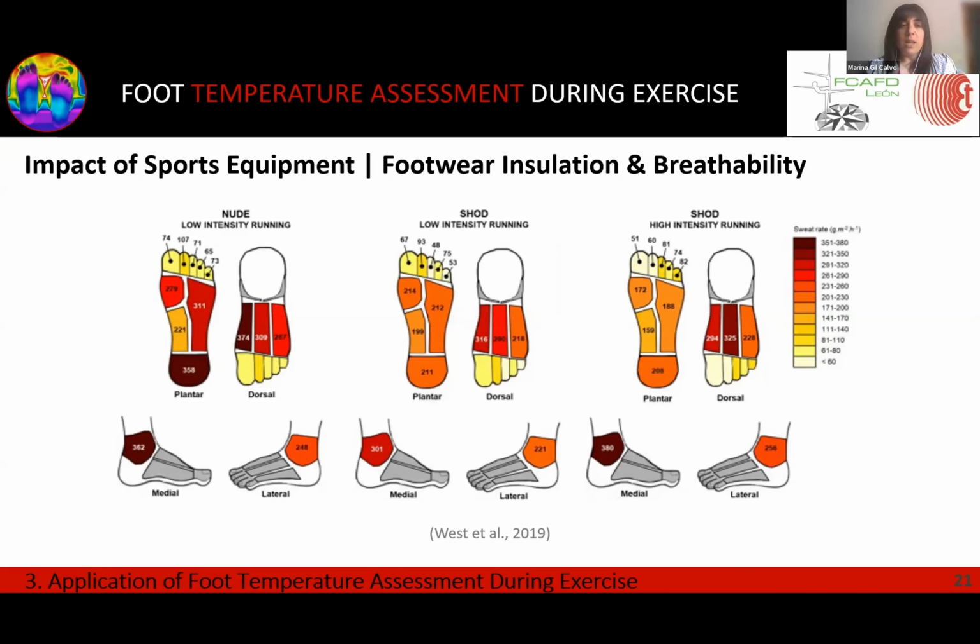For example, when they compared barefoot running with shod running, higher sweating rates were observed in barefoot conditions, and this may indicate a phenomenon of moisture retention when footwear is used, which is called hydromeiosis.